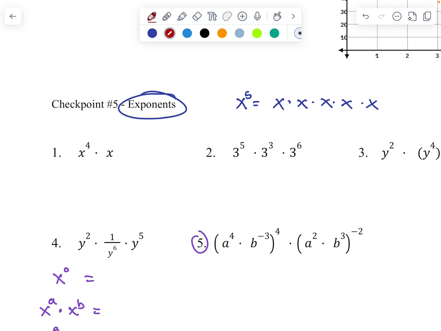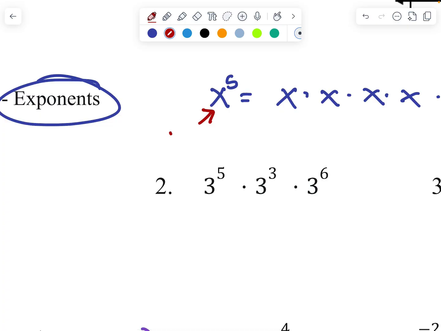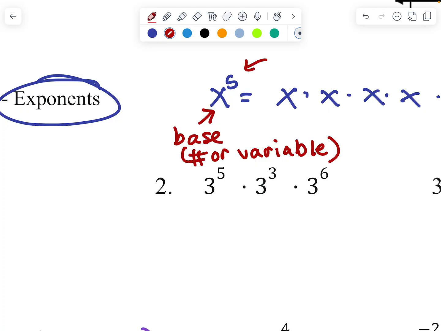So let's go over something very quickly. We have, this is the base, okay? It can be a number or a variable. And then this little number hat on top is an exponent, which could also be a variable, okay?